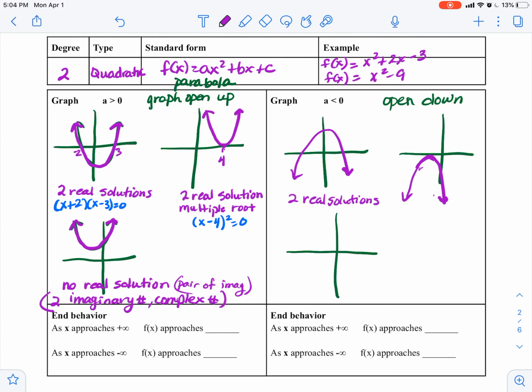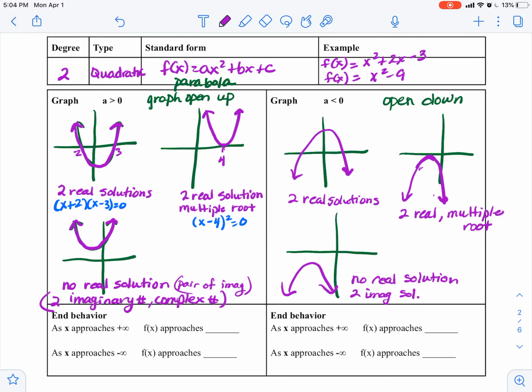It is two reals, but it is a multiple root. And then, of course, we could have it where it opens down and doesn't cross, in which it has no real solutions, but it has two imaginary solutions. Okay? So those are what is going to happen.